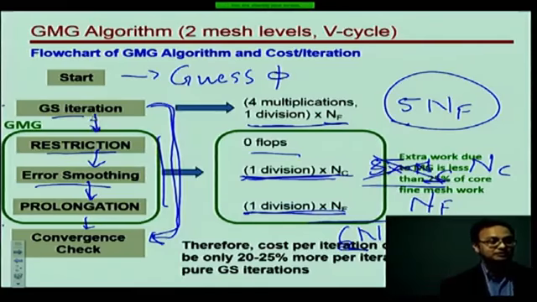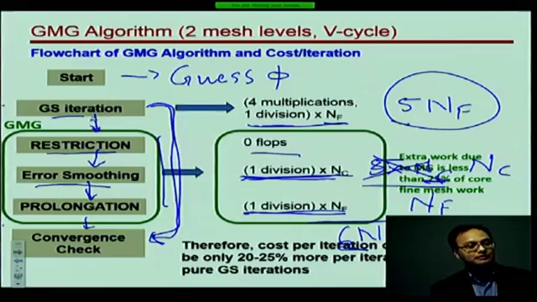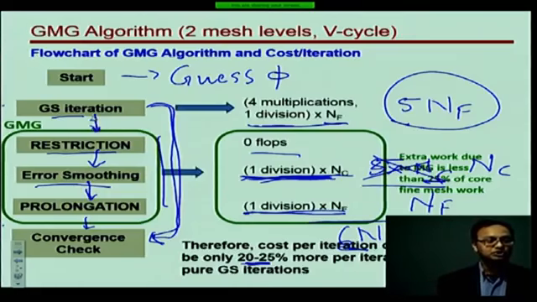If you're doing more sweeps here, because now you're going to get 5 NC, 5 NC is pretty much the same as 1 NF. Slightly more. This would increase more. But again, it's a question of, if I do more sweeps on the coarse mesh, am I getting substantial gains in convergence? If not, then I'm probably okay doing one sweep.